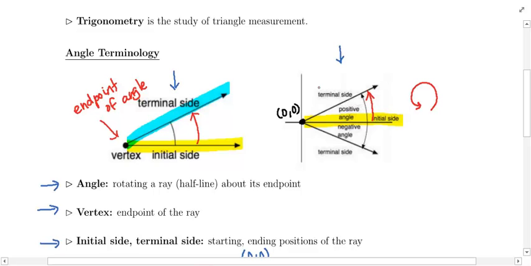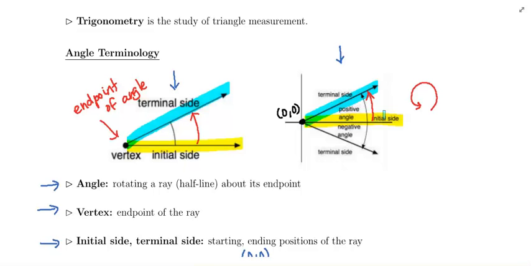This angle, where you start with the yellow initial side and rotate through a certain amount, marked by this red arrow, and end up here at the terminal side, is a positive angle because it was formed through counterclockwise rotation. That is a positive angle in standard position.